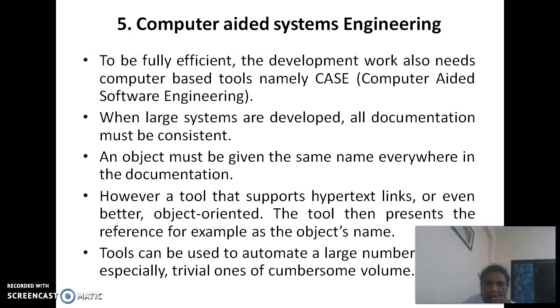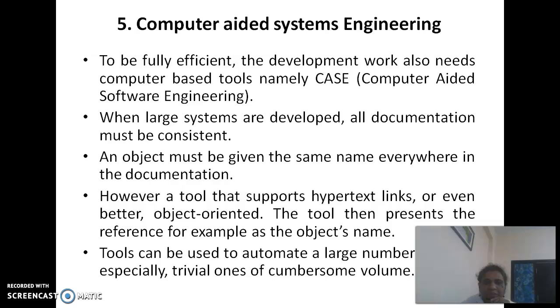We call these tools computer-aided systems engineering tools, or in short, CASE tools. To be fully efficient, the development work also needs computer-based tools, namely CASE tools, that is, computer-aided software engineering.